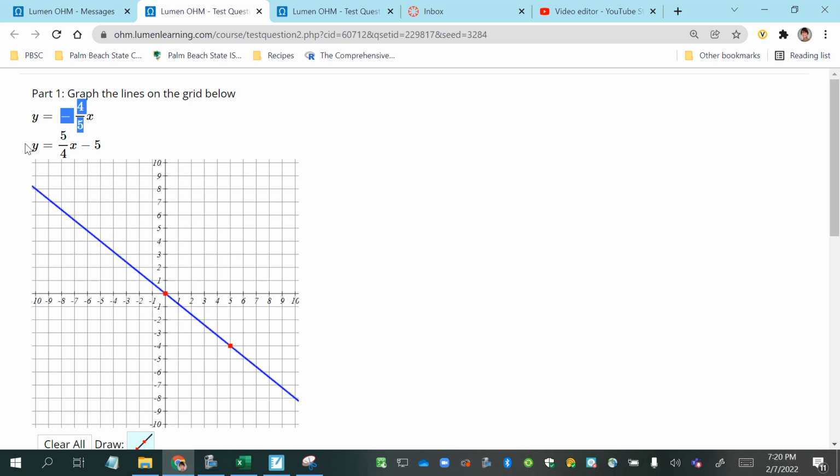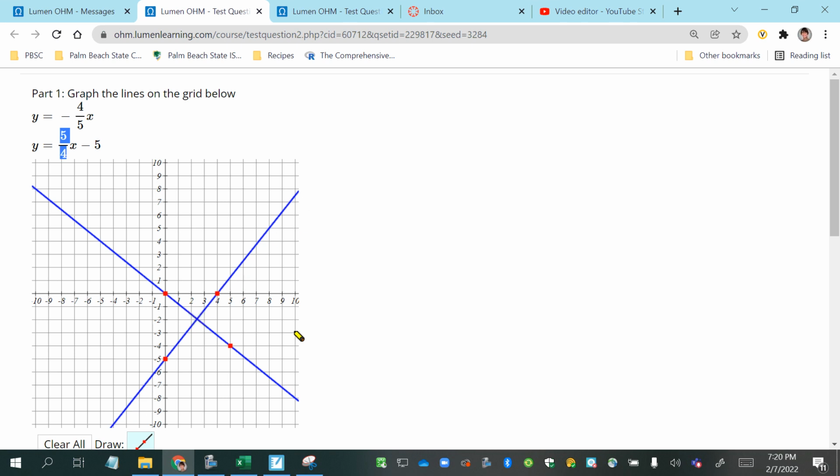Now we're going to graph this second equation, and it has a y-intercept of -5. So I'm going to get my graphing utility and go to -5 on my y-axis. And then I'm going to use my positive slope of +5 over 4. So I'm going to go up 1, 2, 3, 4, 5, and then to the right, +4, 1, 2, 3, 4. And then notice that since this equation has a positive slope, I see that my line is going upward when I read it from left to right.